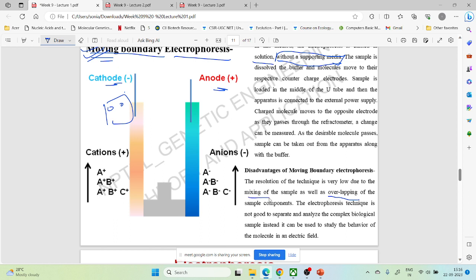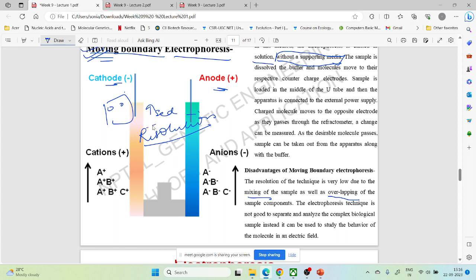So then they thought, why not make a gel, and in the gel we can have different lanes, and in different lanes we can add our samples individually. So what will happen? Now the samples will have a solid support to move on, and there would be no mixing or overlapping of the samples, and therefore there would be increased resolution.